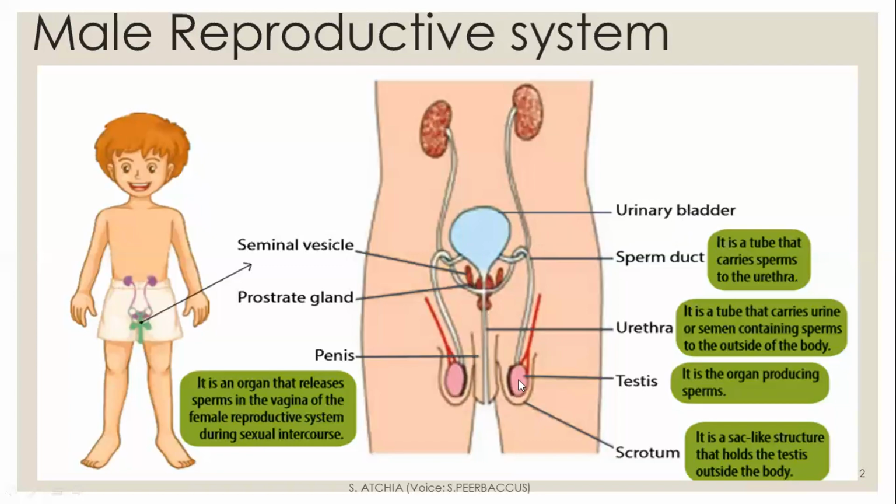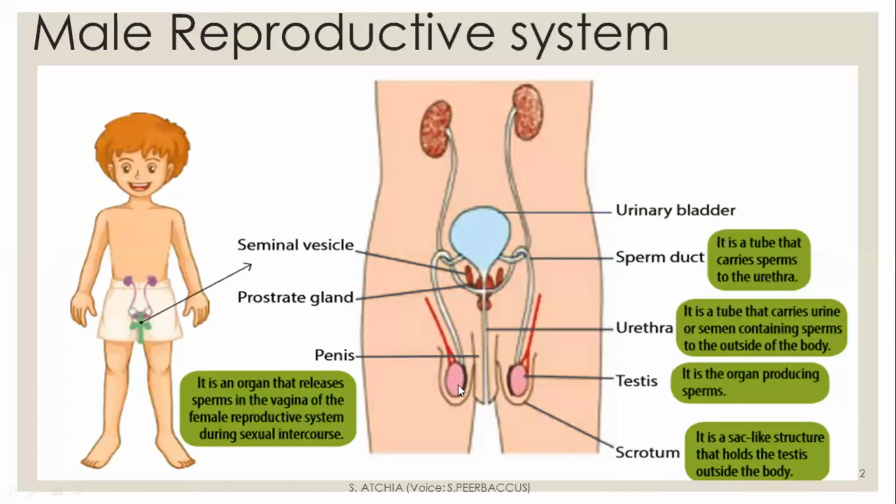Sperms are produced as from the age of puberty by the two testes. The testes are enclosed in a sac called scrotum, which holds the testis outside the body.